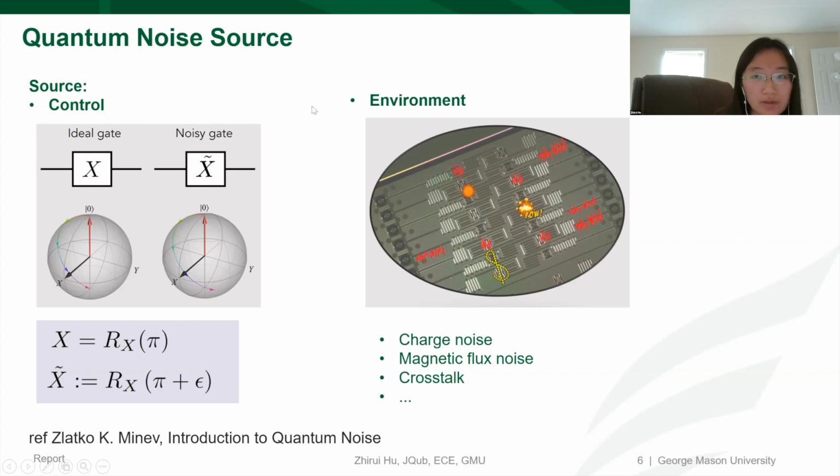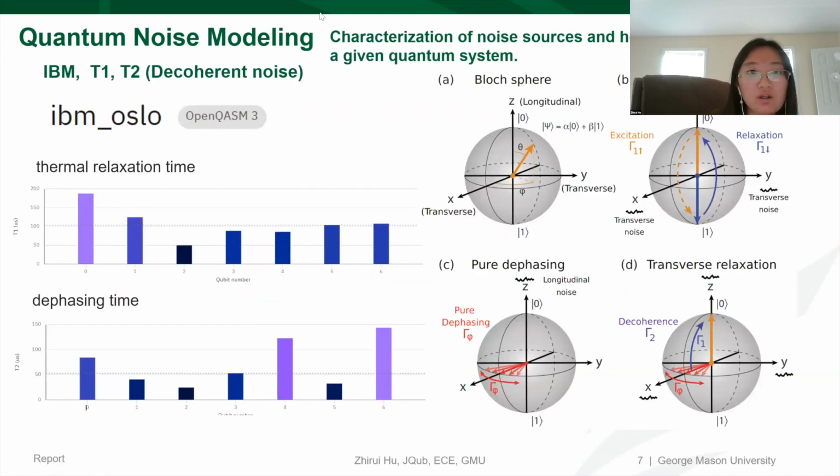Besides the coherent error, there is another error that comes from the environment. Because of the charge noise, magnetic flux noise or crosstalk, the quantum state will not always be where it is supposed to be.